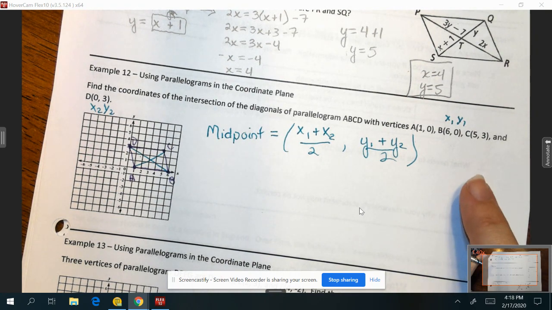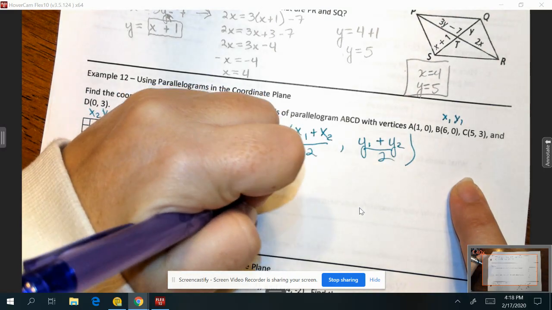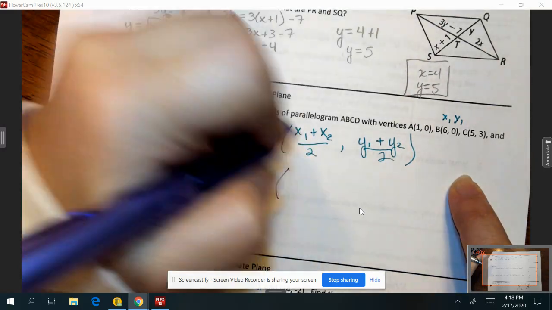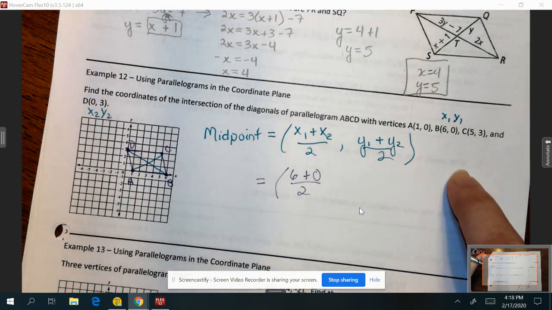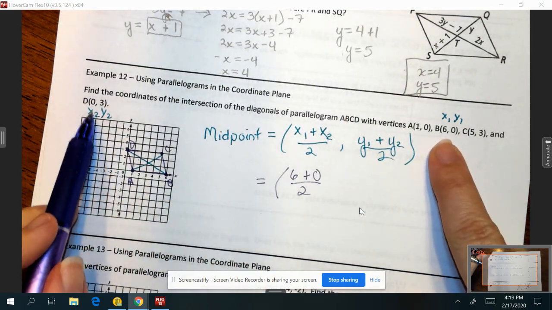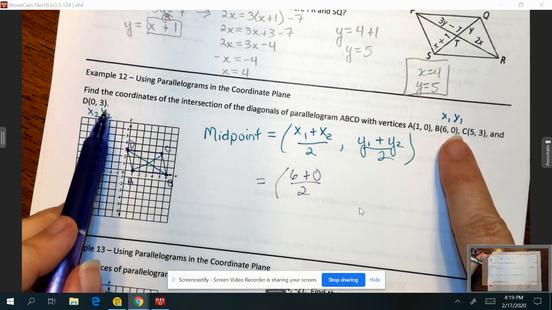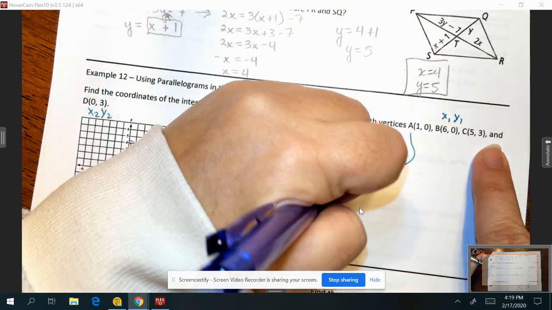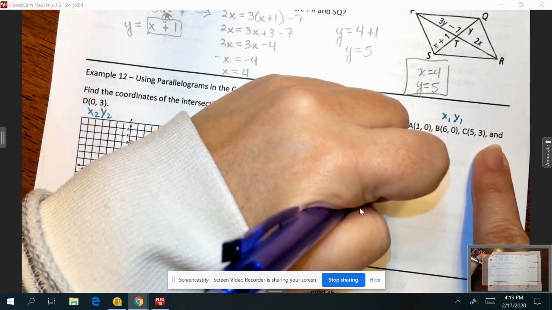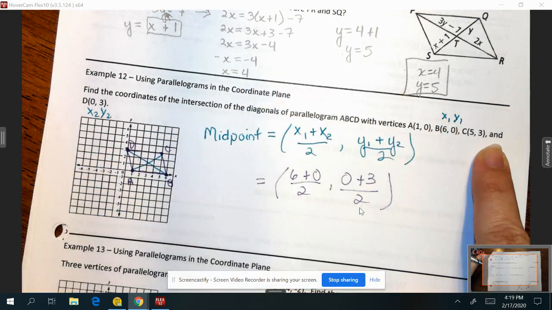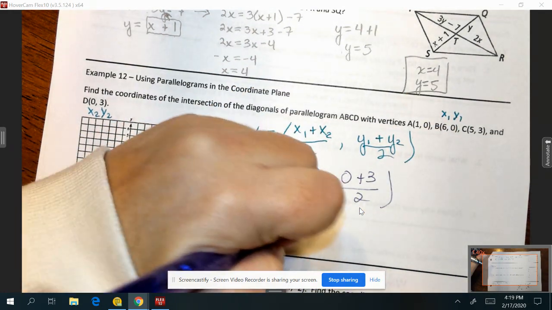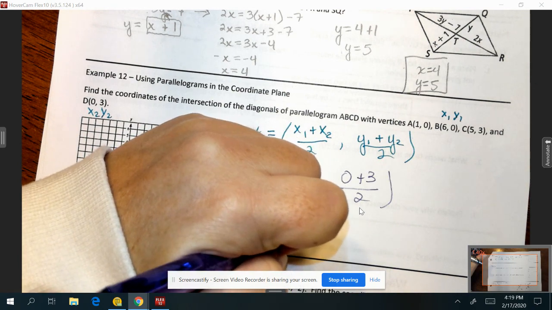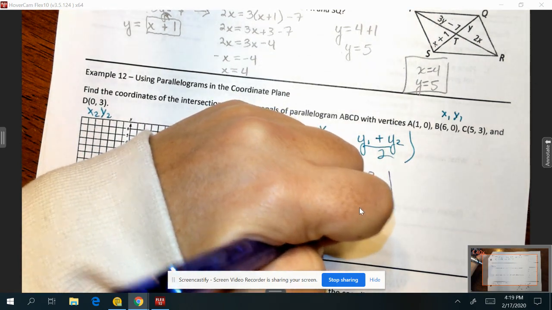So putting that into the formula, we will have 6 plus 0 over 2 for our x's. We'll use these two x's, and then for the y's, we have 0 and 3. So 6 plus 0 is 6, and 0 plus 3 is 3.